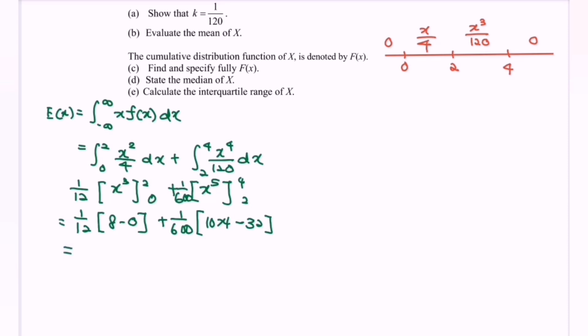Let's simplify. We have 8 over 12, which is 2 over 3. Next, 1024 minus 32 is 992 divided by 600, which is 124 over 75. Simplifying, the mean E(X) is 2 over 3 plus 124 over 75, and our answer will be 58 over 25, or 2.32. So that is the mean for the situation.